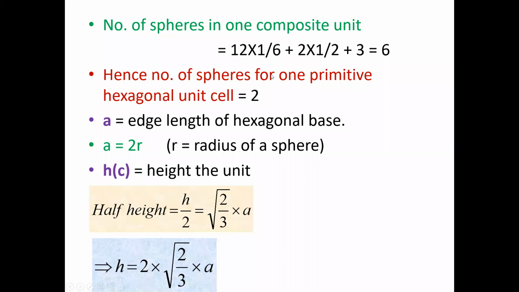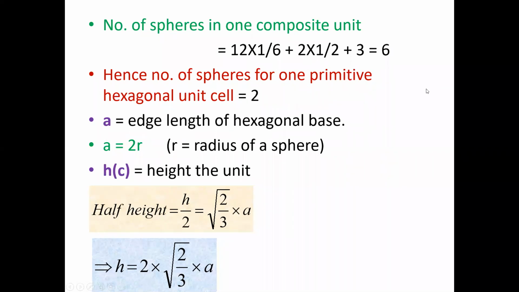So 12 into 1/6 plus 2 into half, because one in the top layer in the face center and the other one in the bottom layer at the face center. So 2 into half plus 3 exclusively in the middle layer. They're exclusively buried inside the unit cell. So altogether 6.